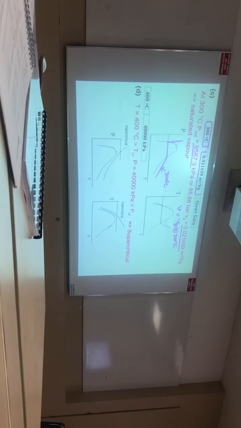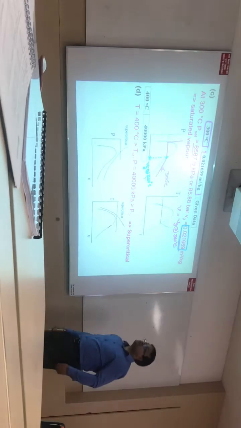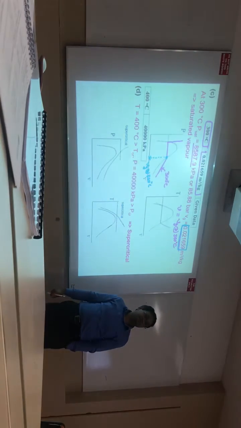And this value, take a look, correct, this value indicates Vg at 300 degrees Celsius, which is the given value 0.021659. So that's why the phase is the saturated vapor phase.